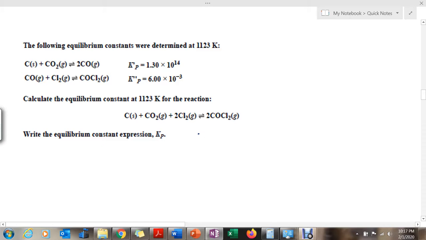We can calculate it because we have values of both for this equation. And if you see, this equation is the sum of these two. But we need to do several things.